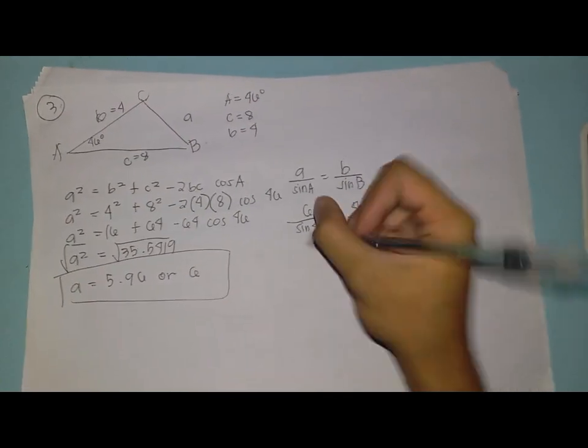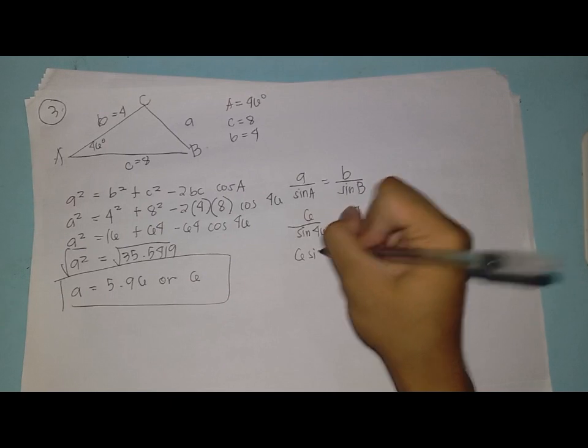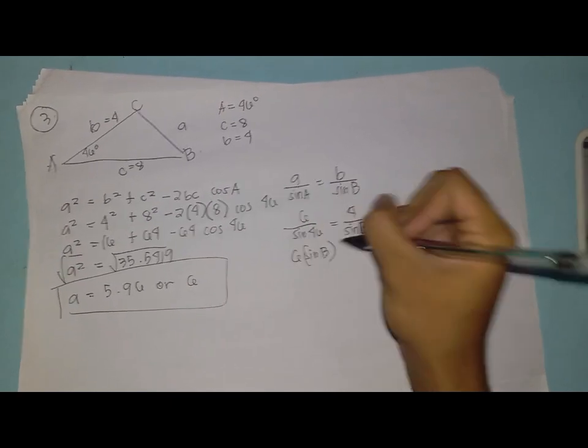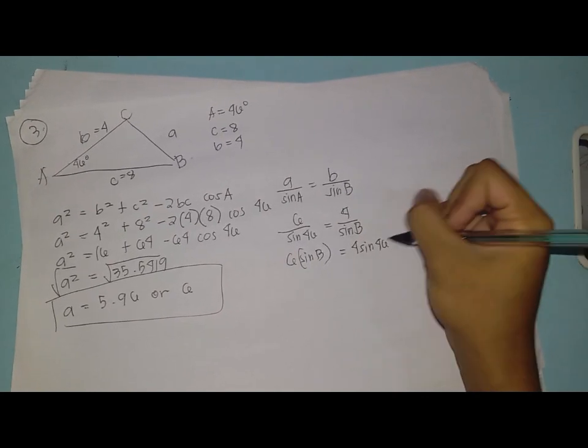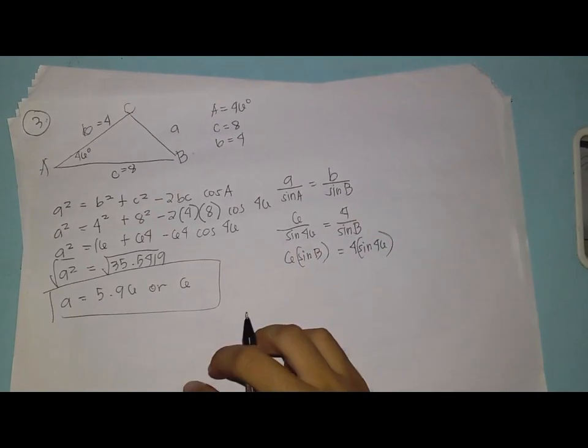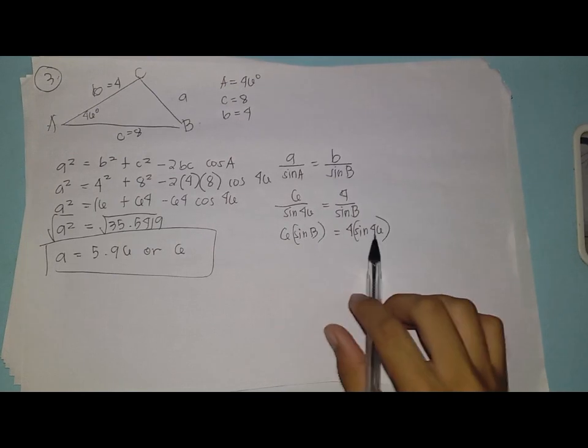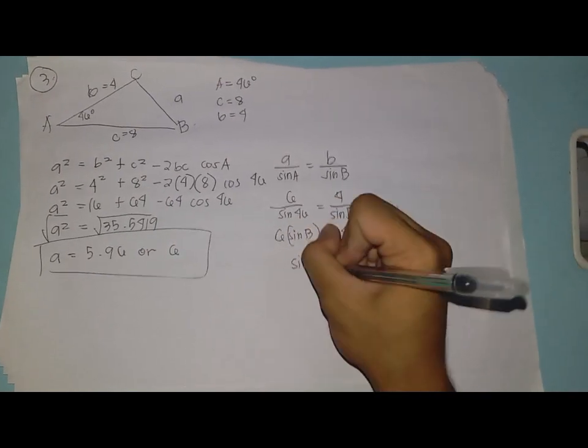So cross multiplication, 6 sine B is equal to 4 sine 46. So transfer 6 to the other side.